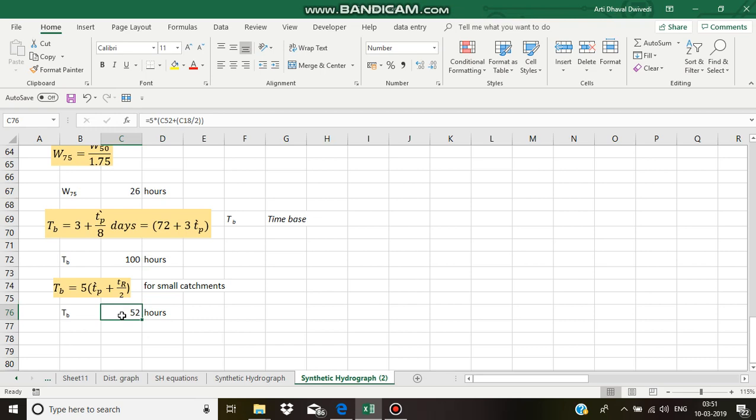TB is equal to 52 hours. This equation was not developed by Snyder. It was developed by Taylor and Schwartz. Okay, T dash P was already calculated. We have TR, and by using these values we obtain the base time. So TB is obtained.